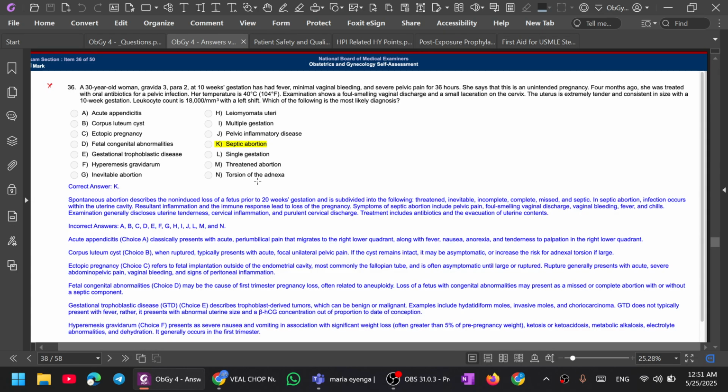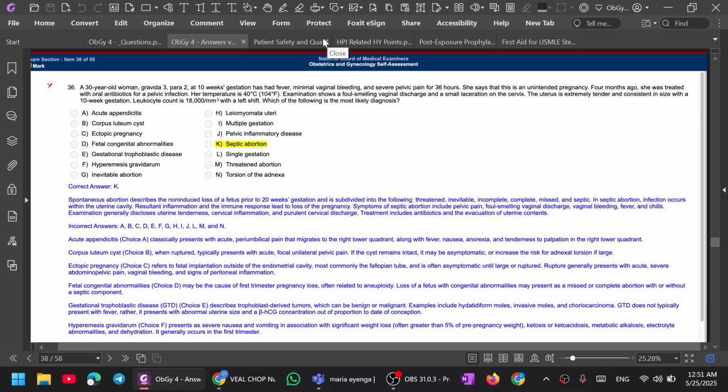Symptoms of septic abortion include pelvic pain, foul smelling discharge, vaginal bleeding, fever, and chills. Examination generally discloses uterine tenderness, cervical inflammation, and purulent cervical discharge. Treatment includes antibiotics and evacuation of the uterine contents.